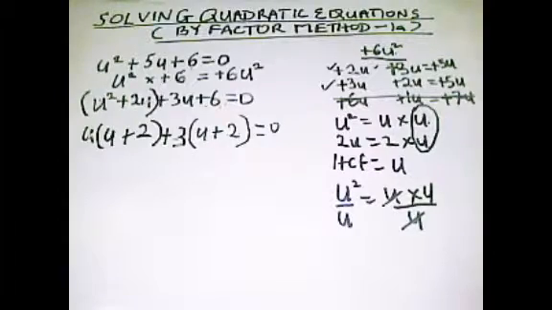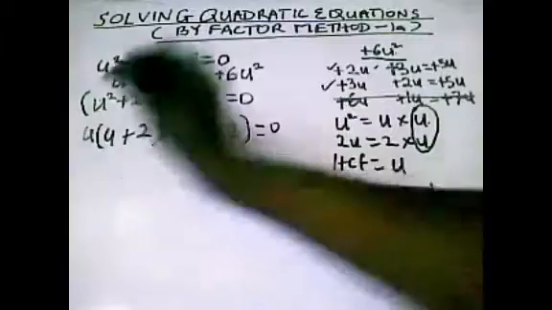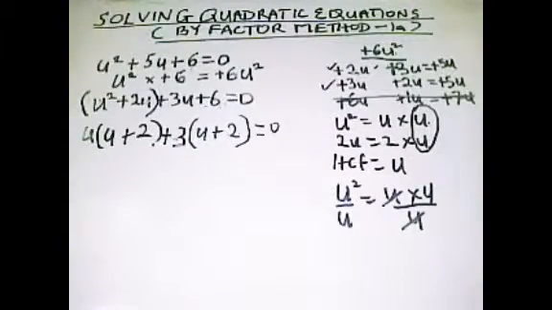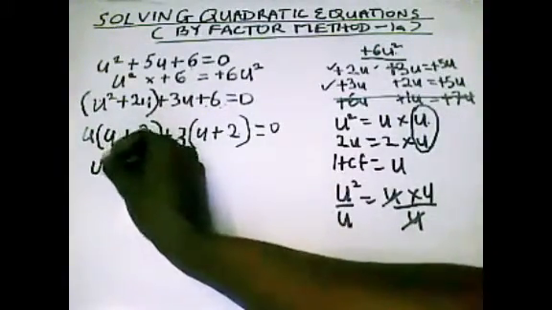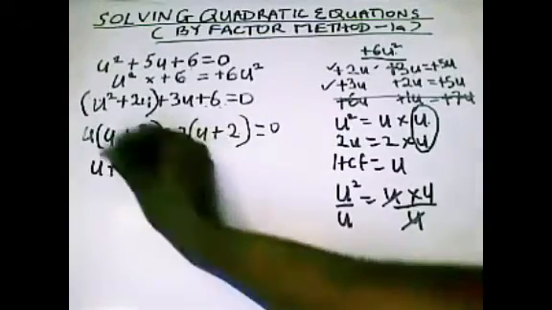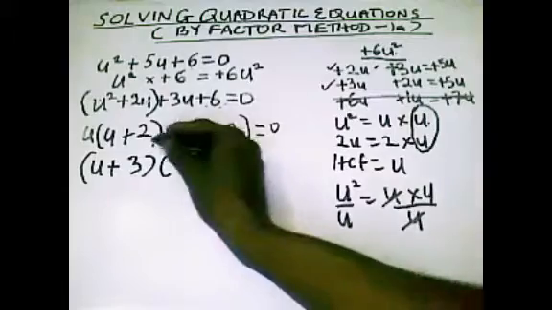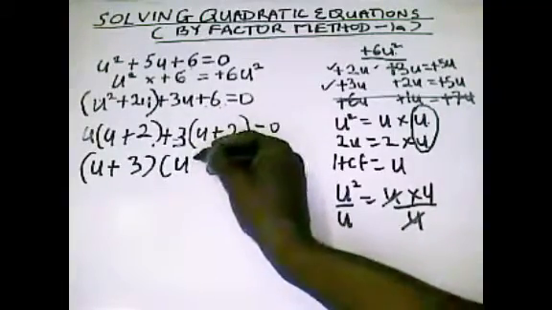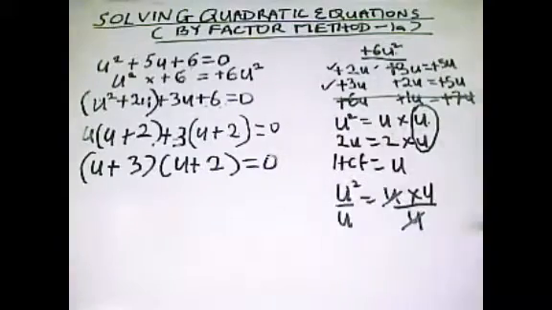Now, the next thing we are going to do is to group the HCFs together, and at the same time we group the factors in the bracket together. So here we write the first HCF is u, then plus the next HCF is 3. We group them in one bracket. Then in the next bracket we group the factors, which is u plus 2, and then we equate it to 0.